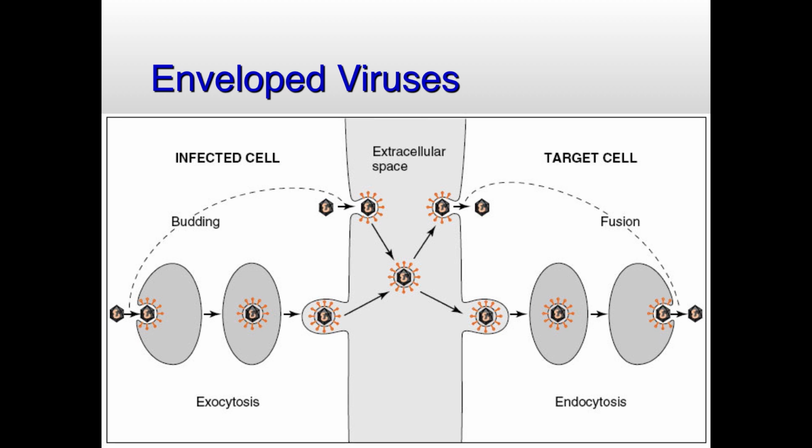And in most cases, it'll be some kind of cellular process that's being used to bring that virion or its genome inside the cell. There are, of course, exceptions. There's always exceptions, and probably the best example of those are the bacteriophage. And so the injection, where you inject something or make a hole in the cellular membrane in order to release your genome, that's clearly not a cellular process.